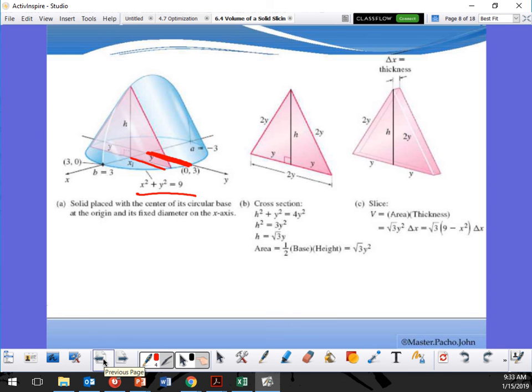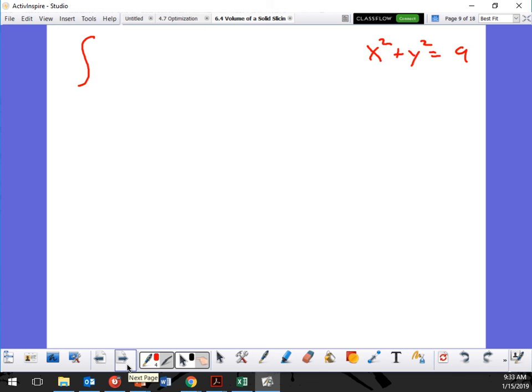So I replaced y squared with what I had. So this is going to be rad 3 y squared, right? Yeah, that's what we came up with. So rad 3 y squared, so I'm going to replace that with 9 minus x squared. So I'm replacing it using Pythagorean right here.